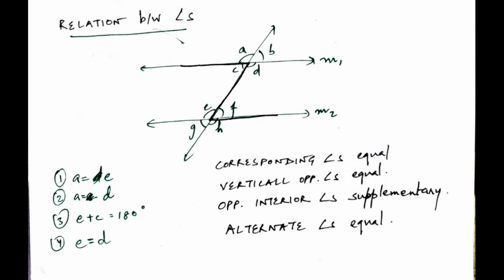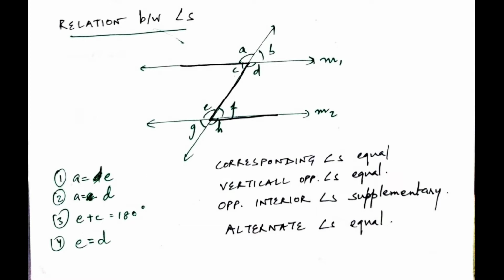So M1, M2 are parallel lines, and there's a transversal cutting through the two lines. Then angle A is equal to angle E, C is equal to G, B is equal to F, D is equal to H. These are corresponding angles.